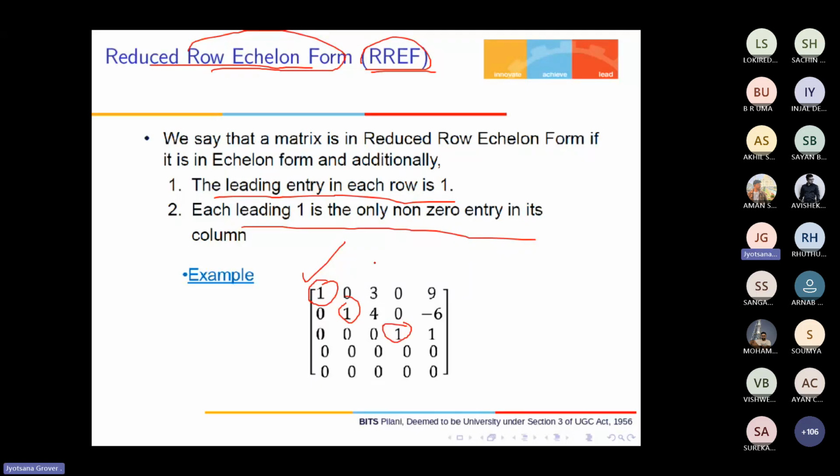For example, this is the only non-zero entry in the first column, this is the only non-zero entry in the second column, and this is the leading entry of row 3 and it is the only non-zero entry in the third column. So this is the RREF form.